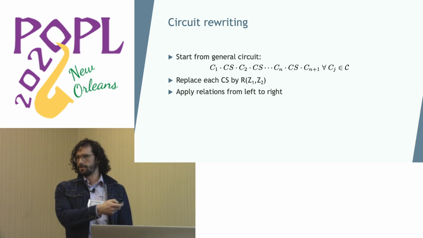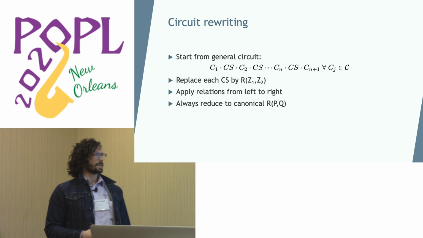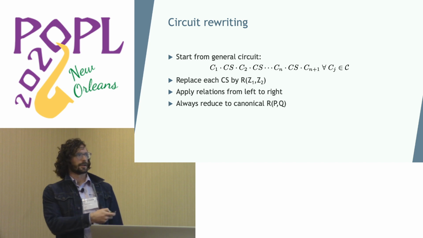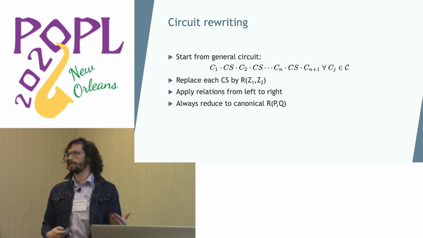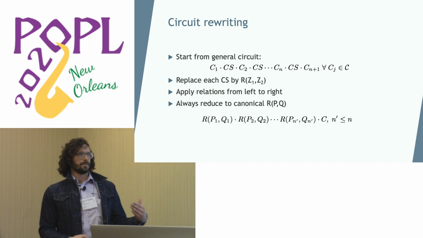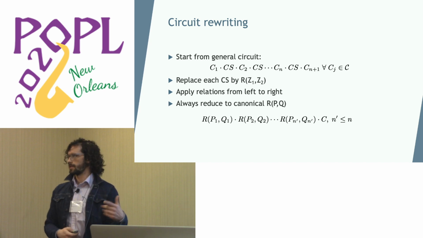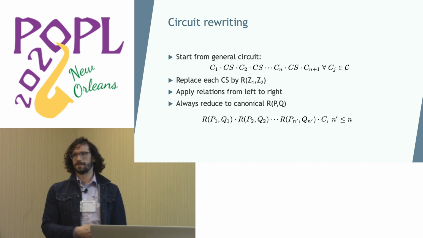We can always push Cliffords to the right, and if we get an R_PQ operator that's not in our canonical set, we use one of those relations to turn it into one. You end up with a series of R_PQ operators followed by some final Clifford. Explicitly, this n prime, the number of these, can only be less than or equal to n, because of the squaring relation where two of these R_PQ operators squared is in Clifford.